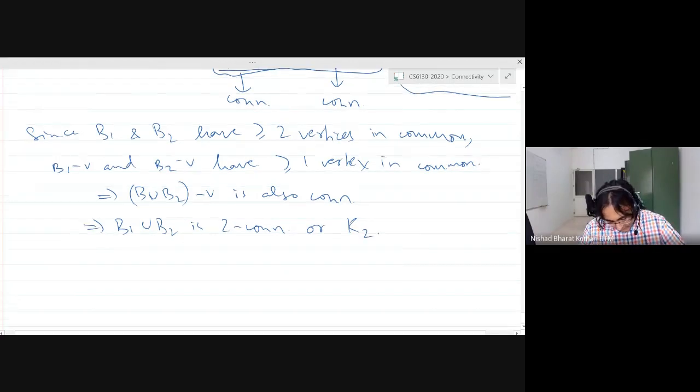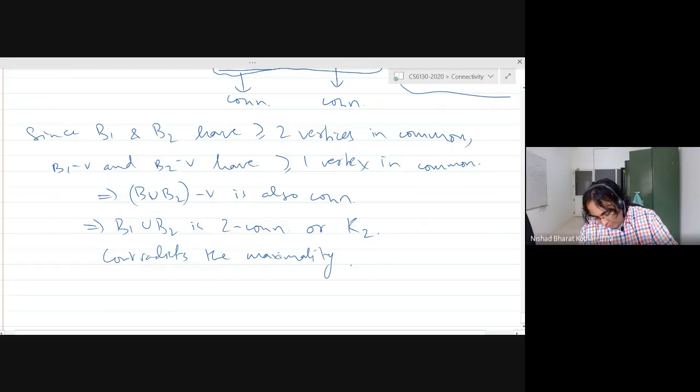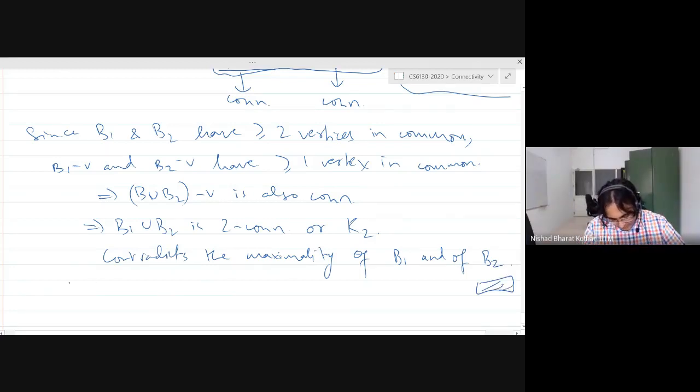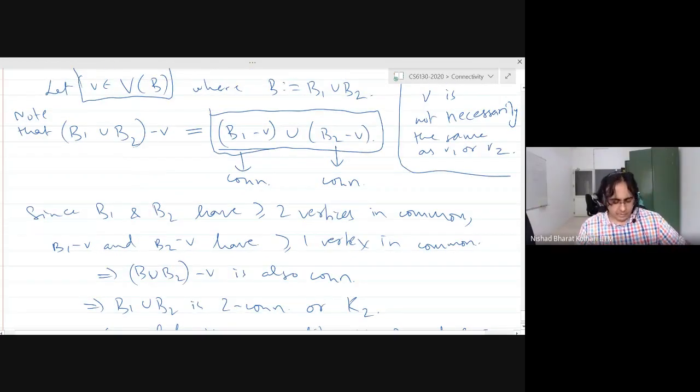And this contradicts the maximality of B1 and of B2. So this proves statement 1. Okay? Does everybody follow this proof?